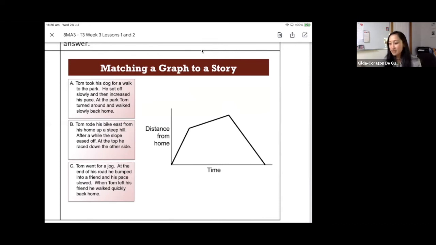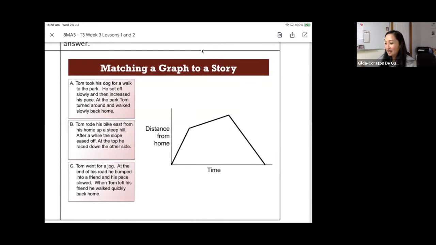So it says there, C, Tom went for a jog. At the end of his road, he bumped into a friend and his pace slowed down. When Tom left his friend, he walked quickly back home. How do you know that he slowed down on the second segment? So we're looking at C, and C seems to be the right answer here because the second line is not as steep.